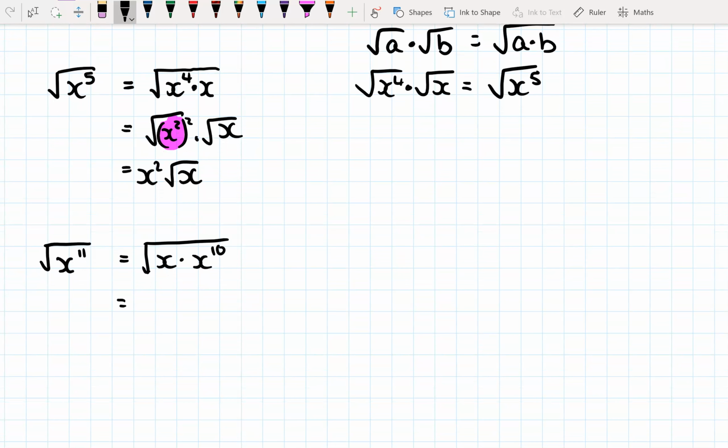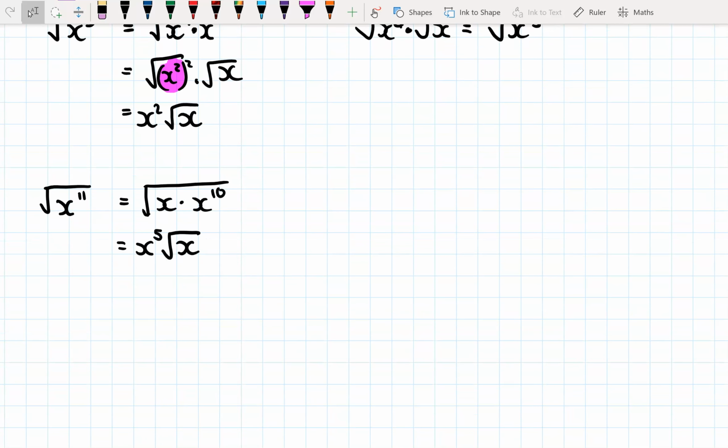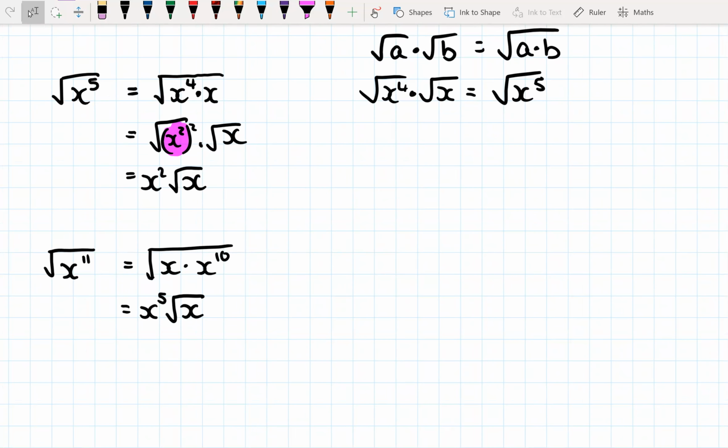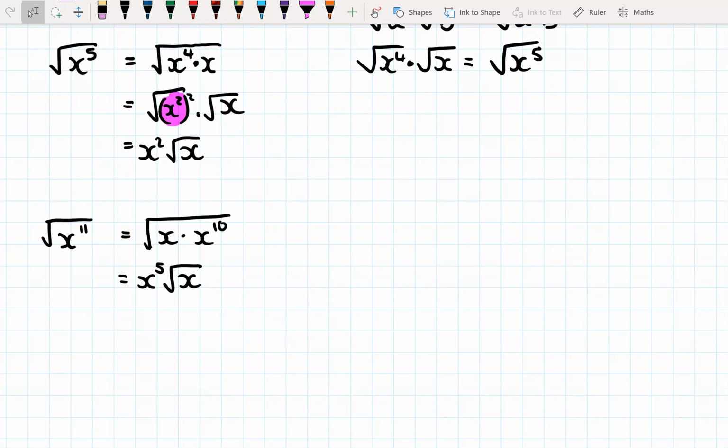And you can't do anything with the square root of x, so that just becomes root x, and the square root of x to the power of 10 becomes x to the power of 5. I don't expect you to do all the extra steps in the middle. What I've written here is enough, but you must show at least this step here. I need to see that you've firstly shown that breakdown step.